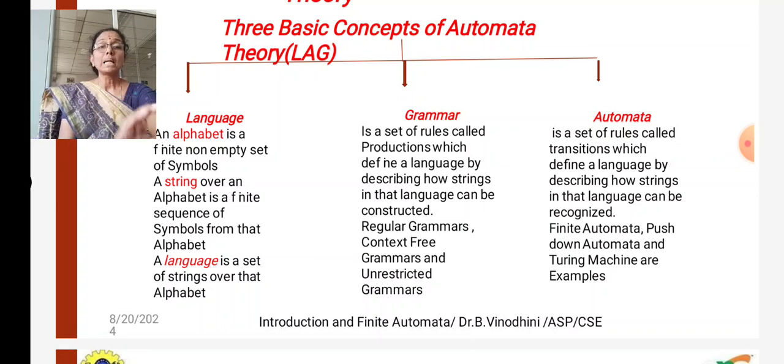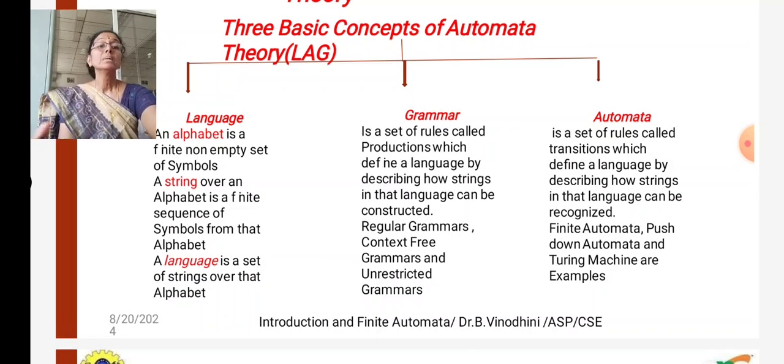We have different types of grammar: regular grammar, context free grammar, and unrestricted grammar. These grammars will be seen in the coming videos. So grammar is nothing but a set of rules called productions.